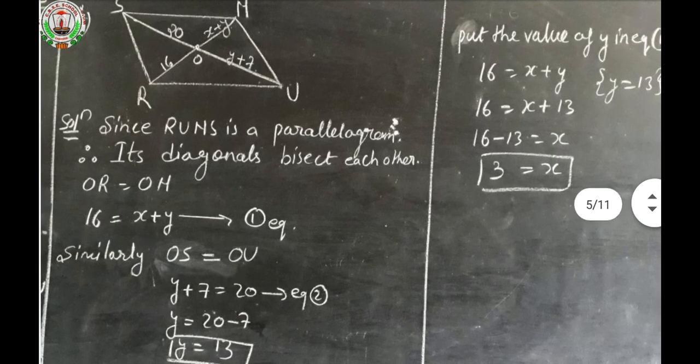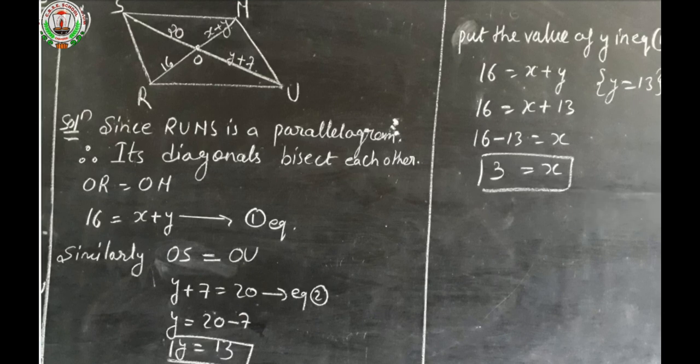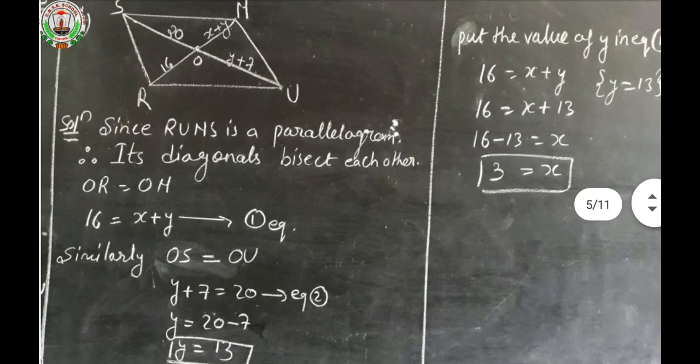So it will be divided into two parts. The two parts of RN will be RO and ON. We can say OR is equal to ON. Okay, both are the same. So the OR value is given as 16 from the figure itself, and the ON value we have as x plus y. So consider it as equation 1.